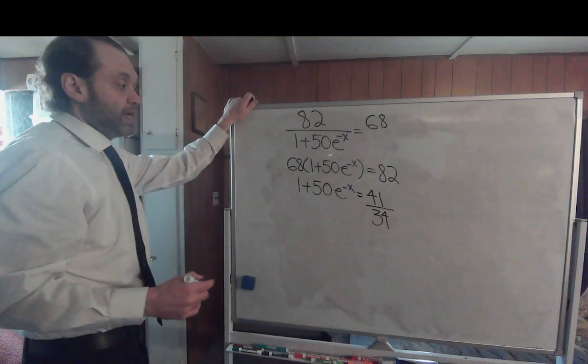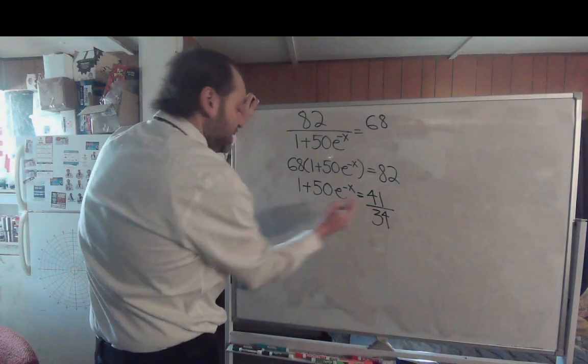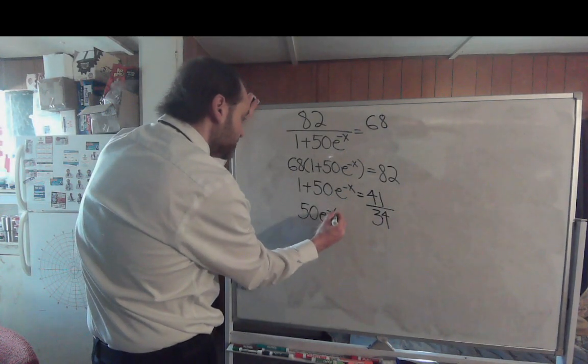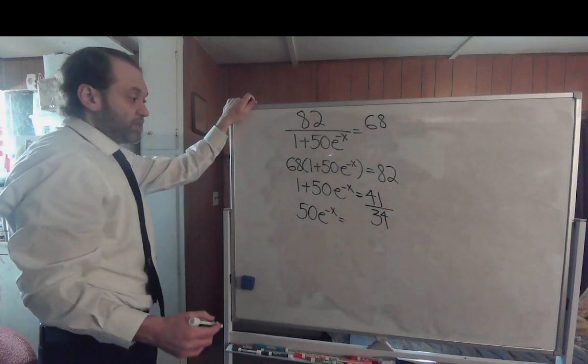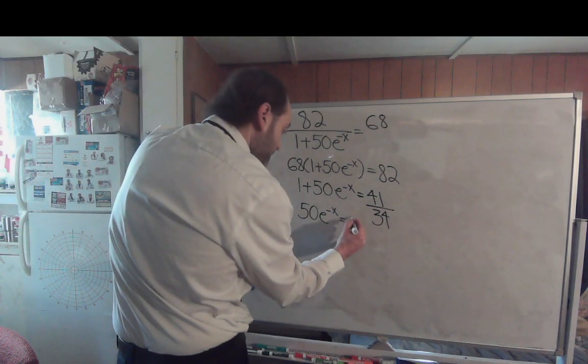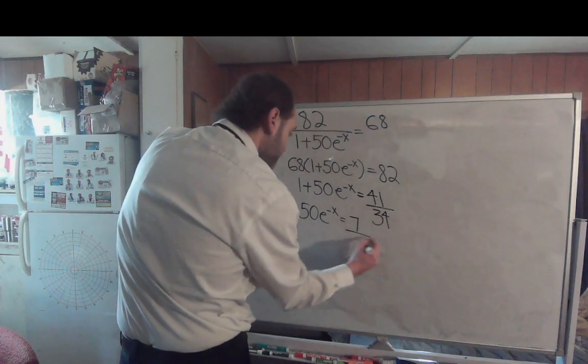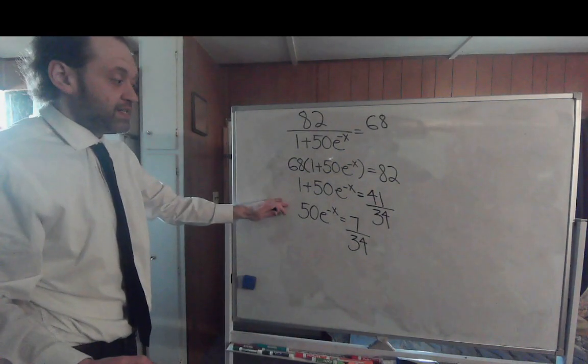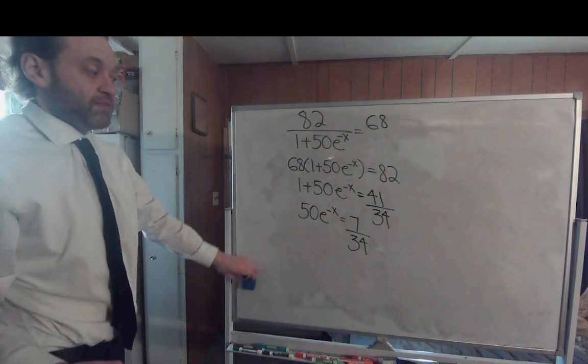Alright, so now let's get that 50e to the negative x by itself. So subtract 1 from both sides. Well, that's going to end up giving you 7/34 on the right-hand side. So 50e to the negative x equals 7/34.